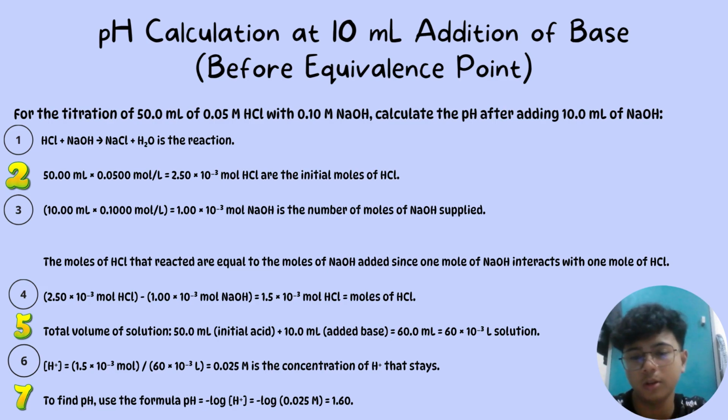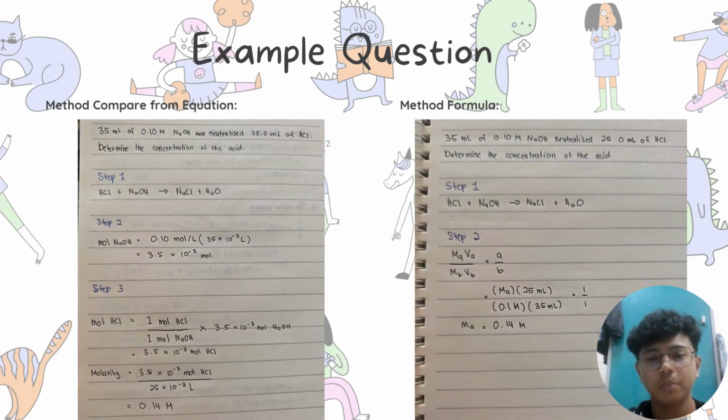For step 7, to find pH, we use the formula pH equals negative log of hydrogen ion, equals negative log of 0.025 molarity, equals 1.60. So the pH is 1.60. This is an example question from titration.